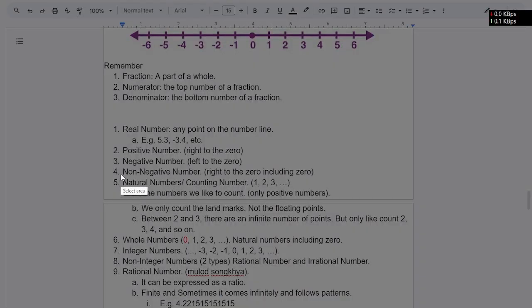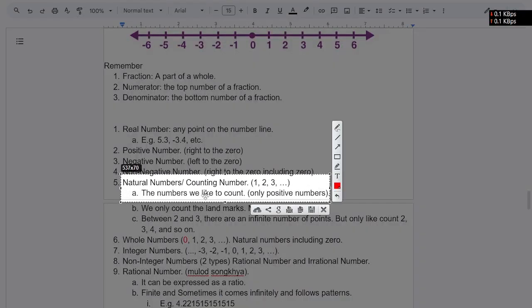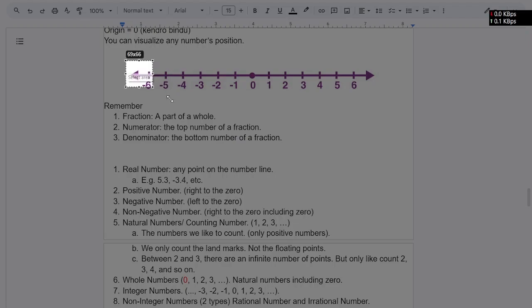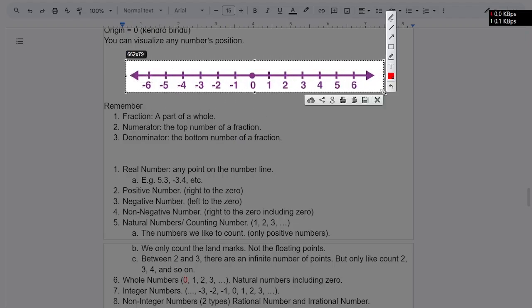Then let's talk about natural numbers or counting numbers. The numbers we like to count, only positive numbers. On this number line, all the numbers that we naturally count, for example 1, 2, 3, without any decimal point.